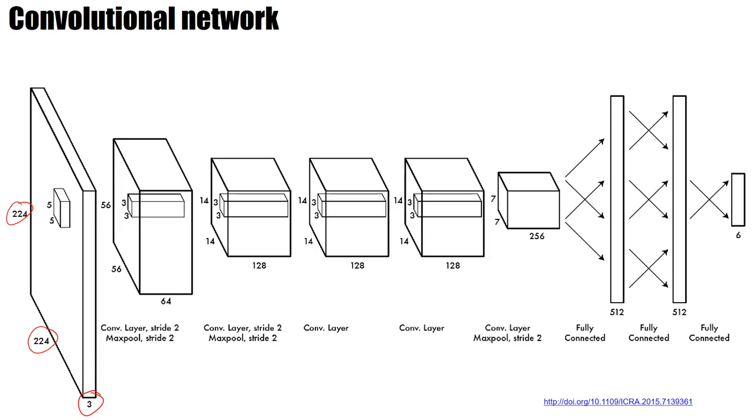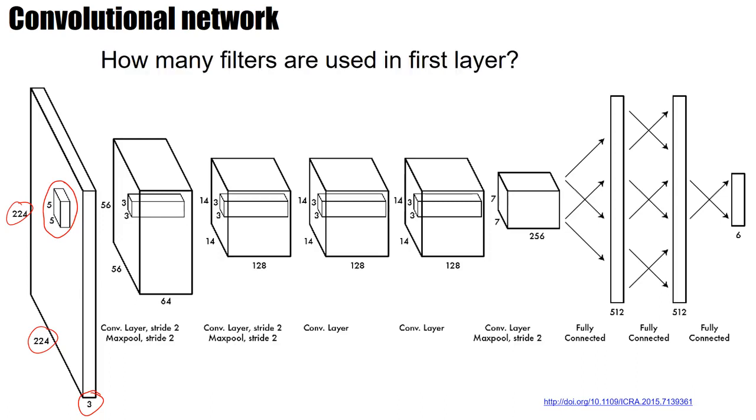And then this indicates that the filters that are used are 5 times 5 times 3, so the 3 for the color channels. And then this here indicates that we did a first convolutional stage, and how many filters are used in the first layer? Well, you just read it off here. So in that network structure, they use 64 filters.